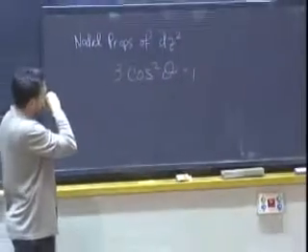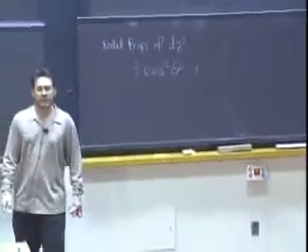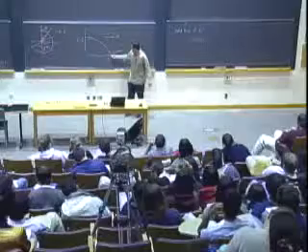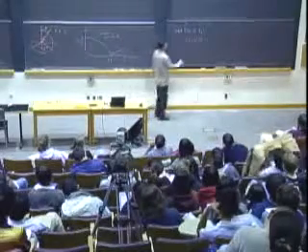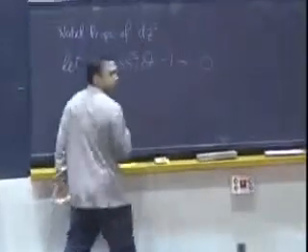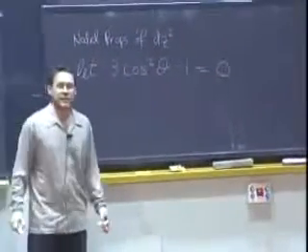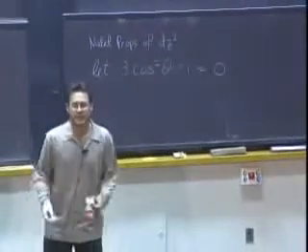And what we want to do is say, okay, when does this function go to 0? Because when that goes to 0, we'll have this angle here. So if we let this equal 0, we're looking for the value of the angle theta, which corresponds to the node of the dz squared orbital.